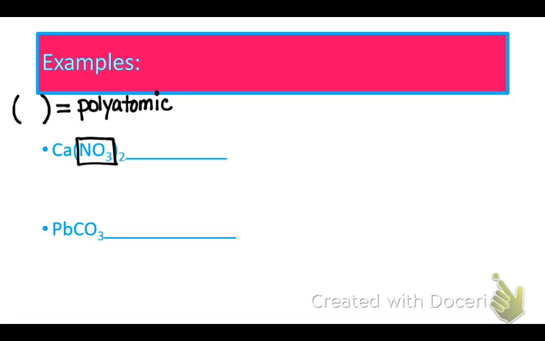I like to box my polyatomic so it's really clear what is the polyatomic, what am I allowed to touch, what am I not allowed to touch, and so it just comes in handy. It's something that I like to do. So NO3, we should be able to find on our cheat sheets as nitrate.